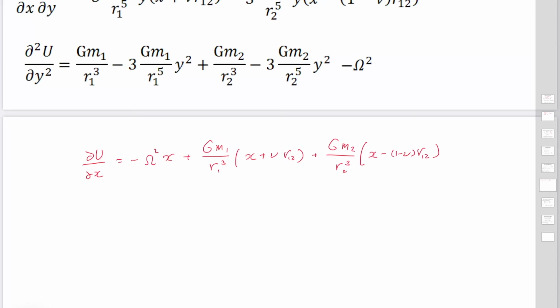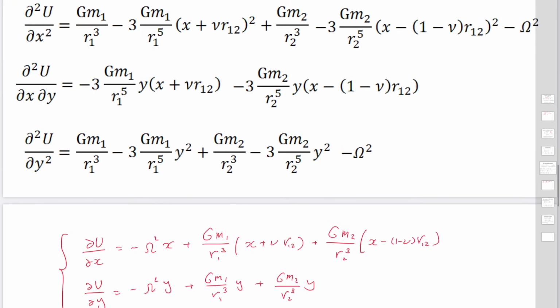Okay, this is the first derivative with respect to x. Also partial U partial y can be calculated: minus omega squared y plus G m sub 1 over r sub 1 cubed y plus G m sub 2 over r sub 2 cubed y. So we can calculate the first derivatives.